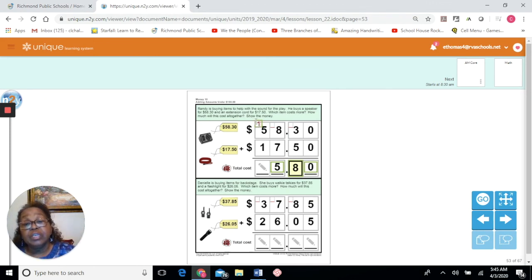It's still 15. 1 and 5, 15. Excellent. So now we have 3 numbers to add together. I still put the larger number in my head. 5 plus 1 is 6, plus 1 more is 7. And the answer should be 7. Let's see. Excellent. We did a great job.